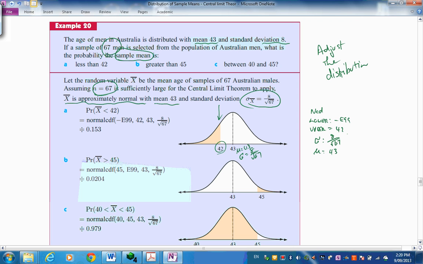Remember, it's narrowing down. The distribution of the mean is going to be a much narrower population than that of the actual individual ages. That would look much more like this. Oh no, we don't know it's a normal distribution, the age of men here. So it could be like that. Much more spread, still centred around the same value.